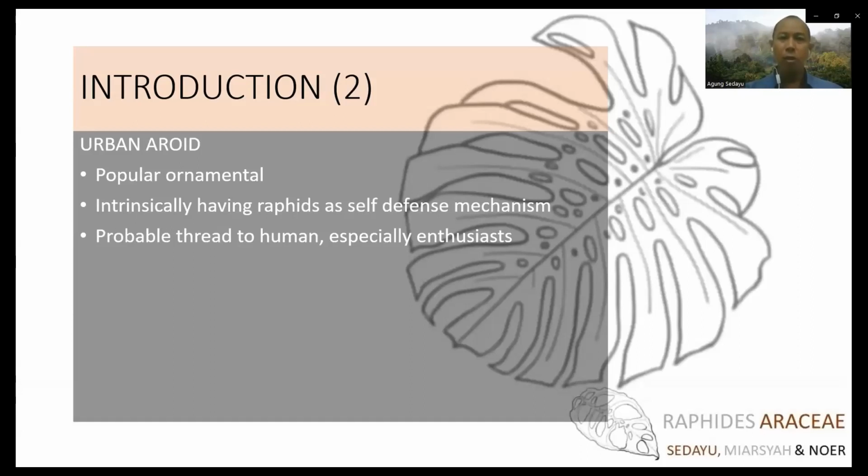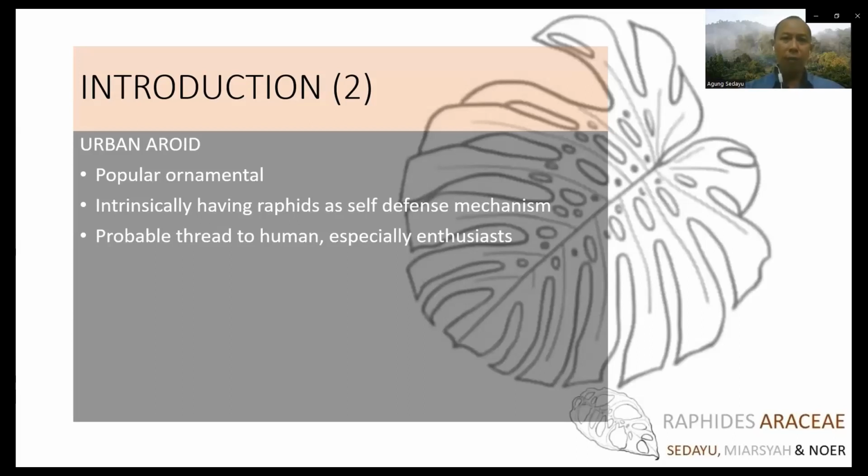However, all aroids intrinsically have raphids as a self-defense mechanism. So the raphids will pierce the human or any herbivore that eats or crushes the leaves or stems or petiole, and cause a burning sensation to the skin or to the mouth or any epithelial gland.